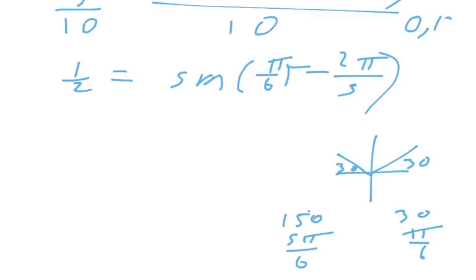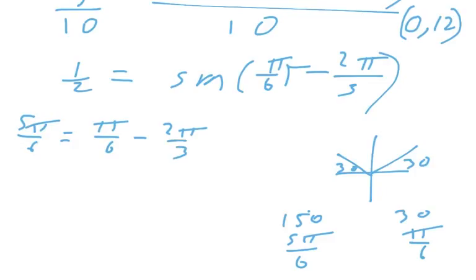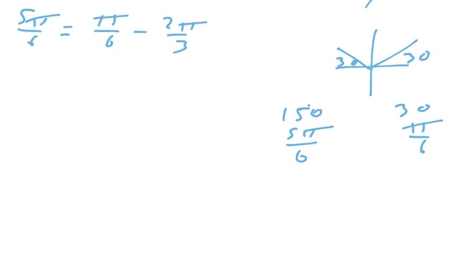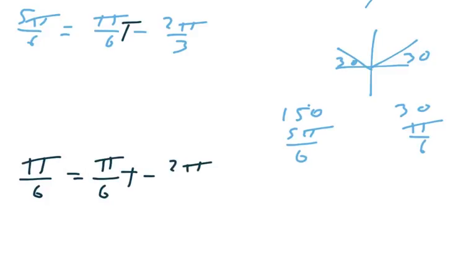Now my answers have to be between 0 and 12 because my period here is 12 because we're talking about months. So I got 5 pi over 6 equals pi over 6t minus 2 pi over 3. And I have a second equation, which is pi over 6 equals pi over 6t minus 2 pi over 3.